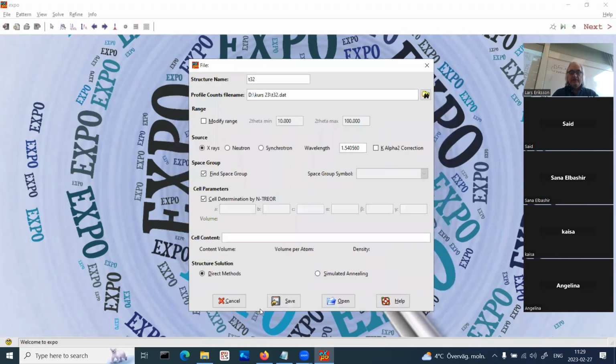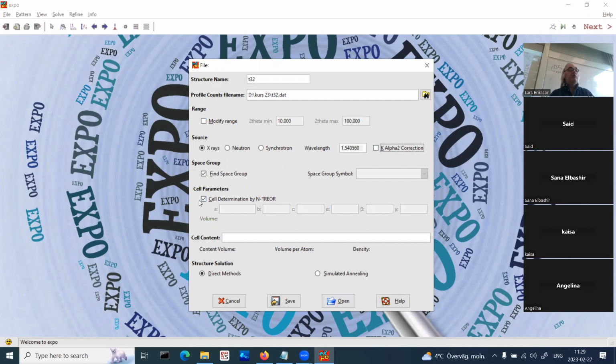Now, let's see, read this. It detected the range directly, and it set the instruction name as the name of the file. It's X-rays, wavelength. This is standard wavelength, I think K alpha 1. If you want to have K alpha 2, you need to click that one, but this is pure K alpha 1, so perhaps we should stay with that.